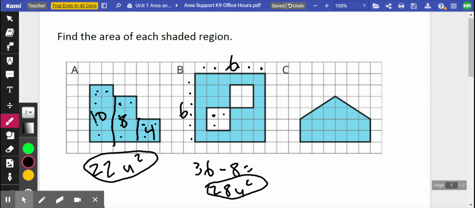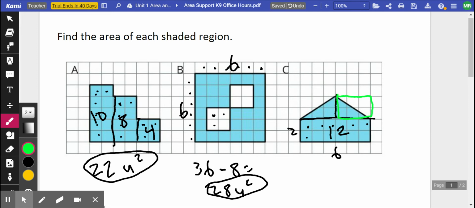And for figure C, what we can do is decompose this into a rectangle and a triangle. The rectangle is 6 units by 2 units. 2 times 6 is 12. And then for the two triangles on top, I'm going to decompose them further into two triangles right here. I notice that both triangles are the same shape and size, so I know they have the exact same area. So if I find the area of one of the triangles, then I'll know the area of both of the triangles. So for the top right triangle there, I'm going to enclose it in a rectangle.